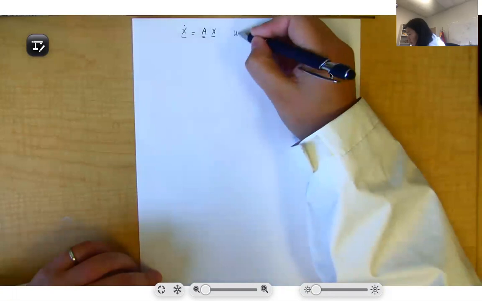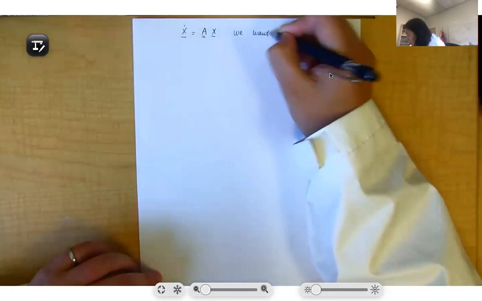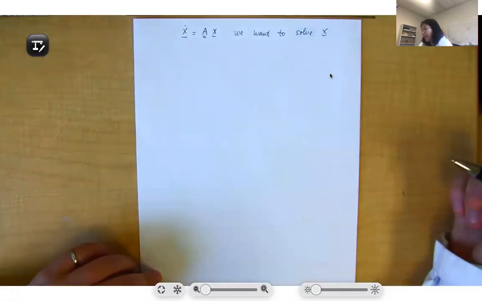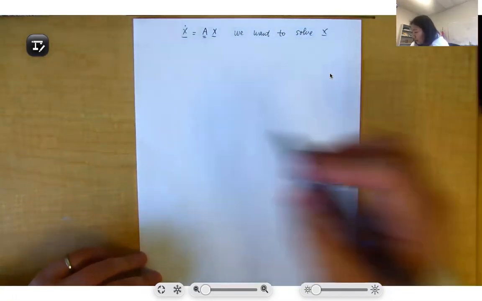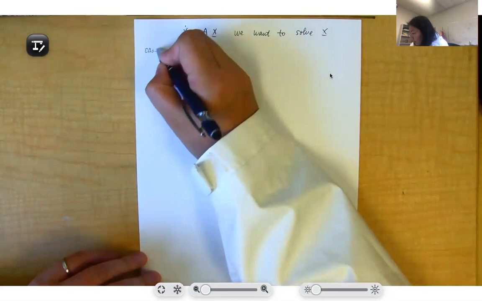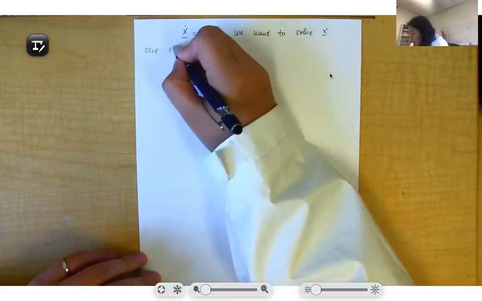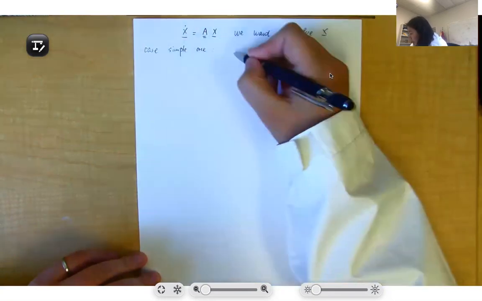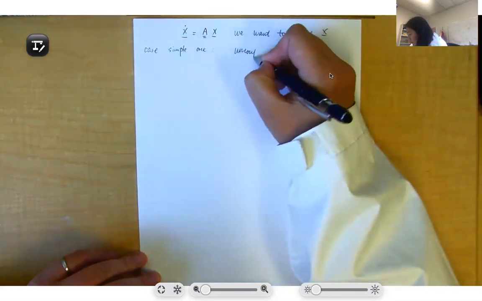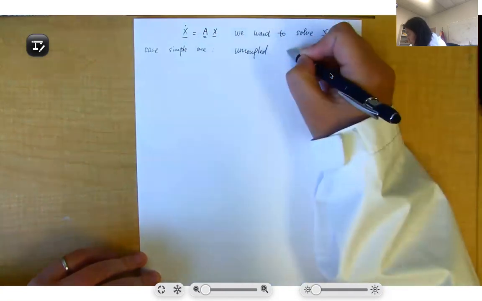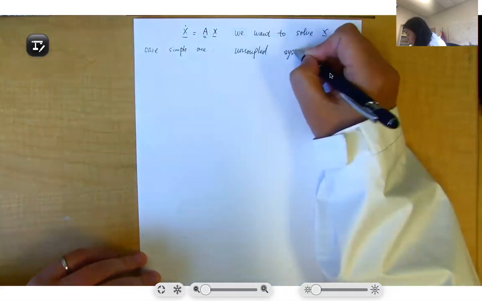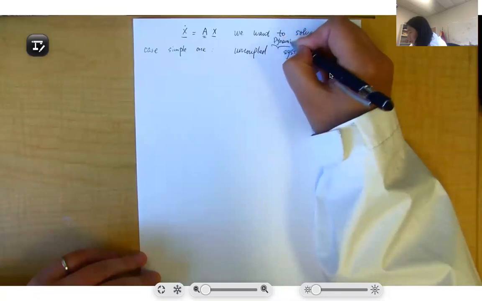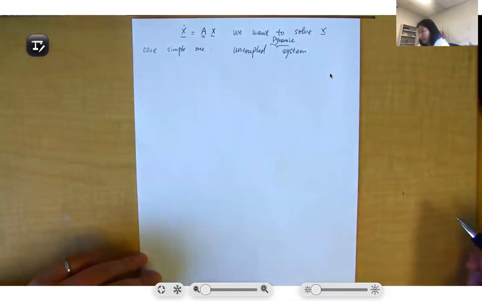And we want to solve, of course, for x here. Let's try a simple case, which is an uncoupled dynamic system.